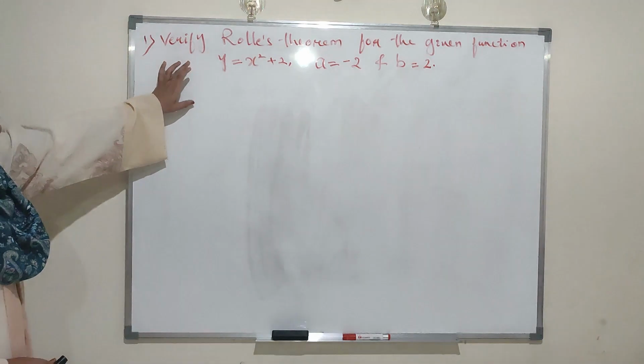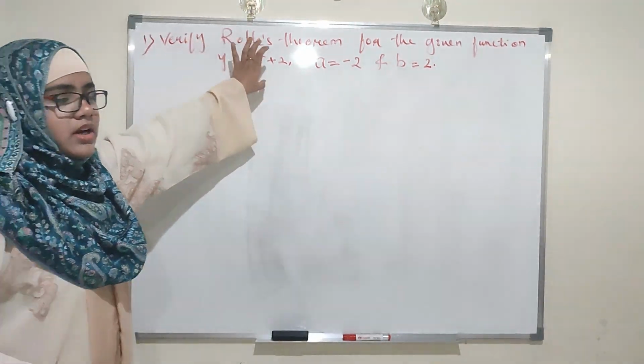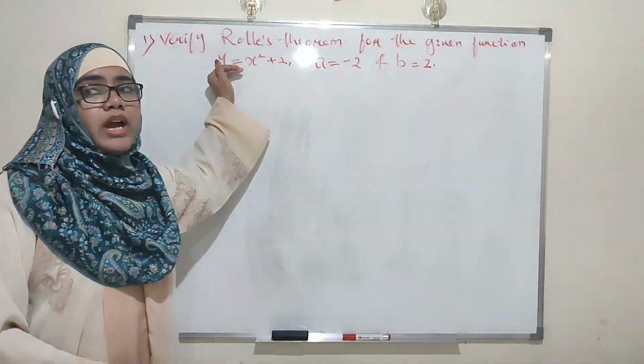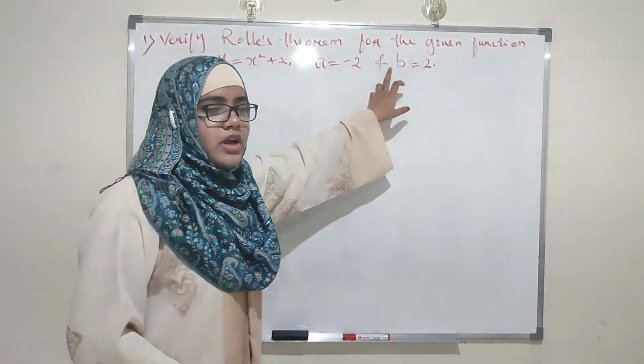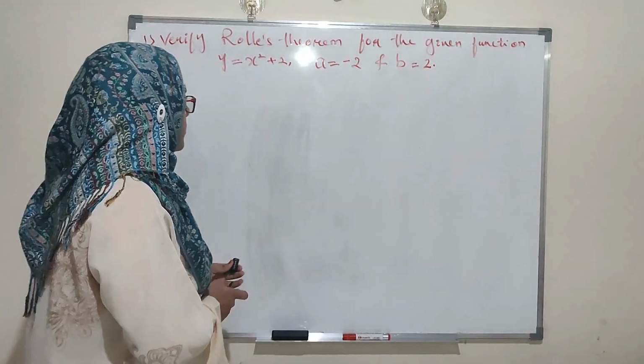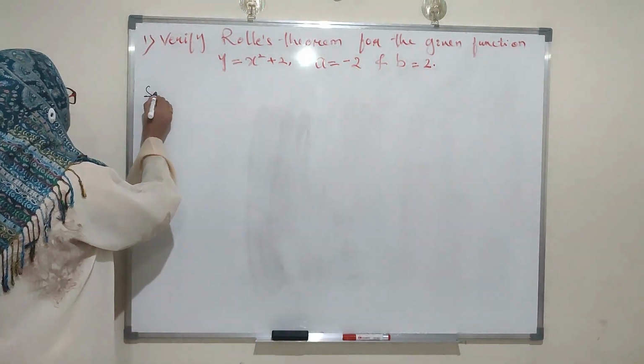So what is given to you? A function is given to you, y is equal to x square plus 2. We can take y as f of x. And two points are given to you, A is minus 2 and B is plus 2. Now write the solution.